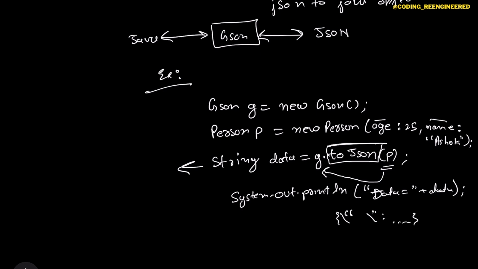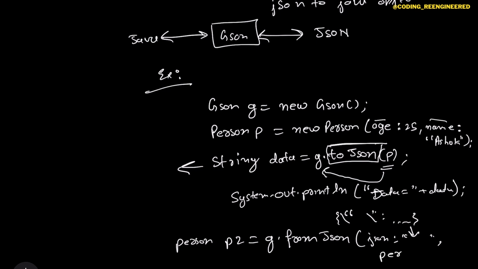And the reverse is also true. If I create a statement, let's say Person p2 equals g.fromJson, and I pass the JSON, the same value here within double quotes obviously, we need to specify in this function the JSON and the class within which you need to store it.